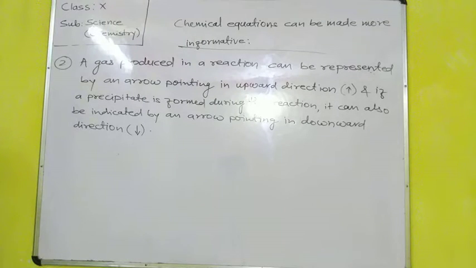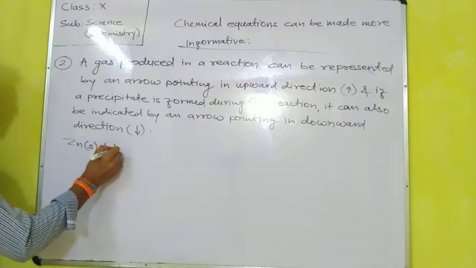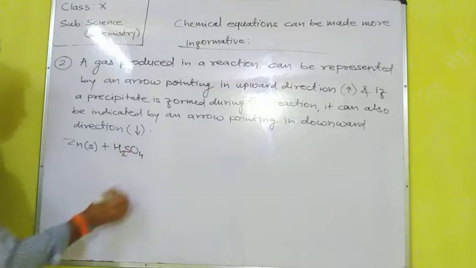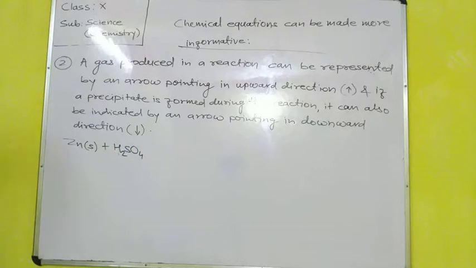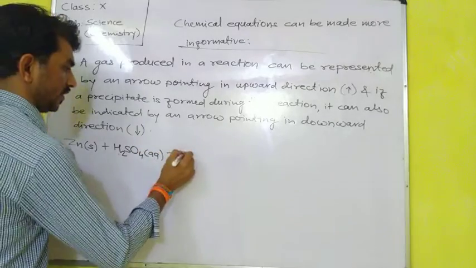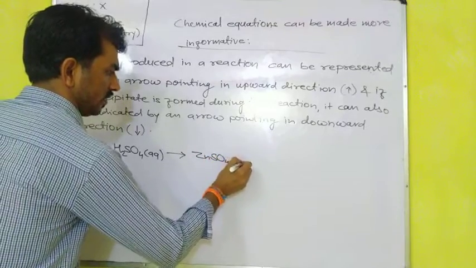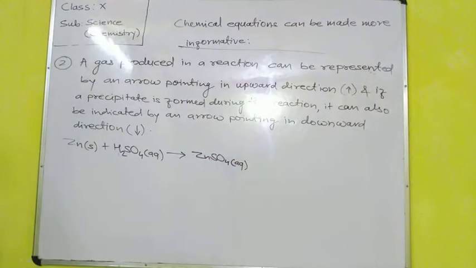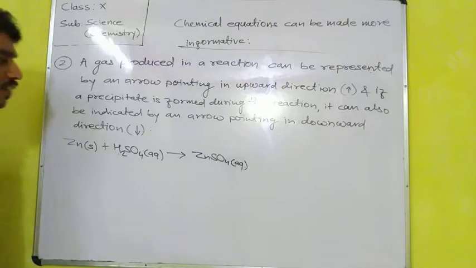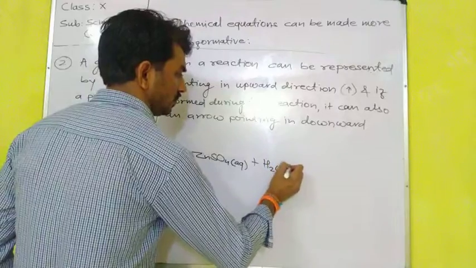For example of this gas and the precipitate: zinc metal in the solid state reacts with H2SO4. H2SO4 is in the aqueous form, means water is present in this solution as a solvent. It forms zinc sulfate, aqueous, plus H2 in the gaseous form.